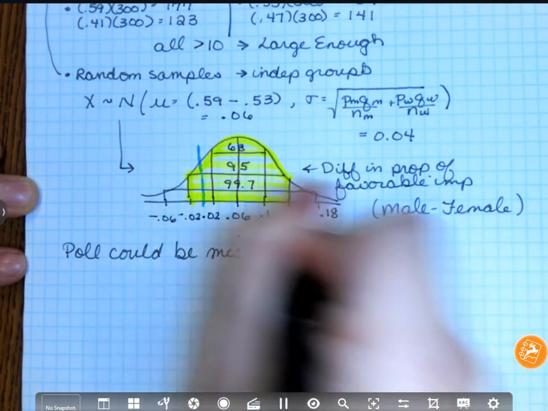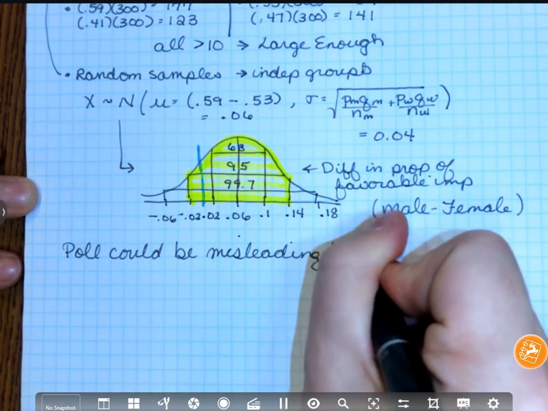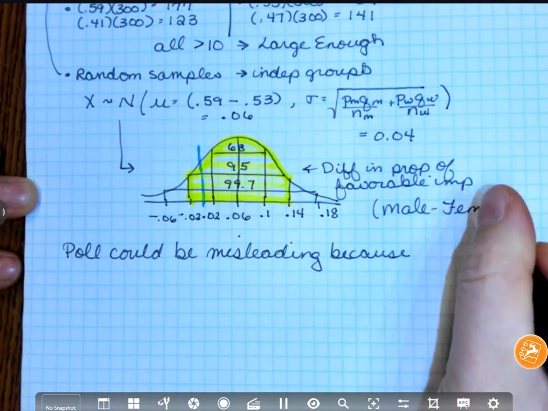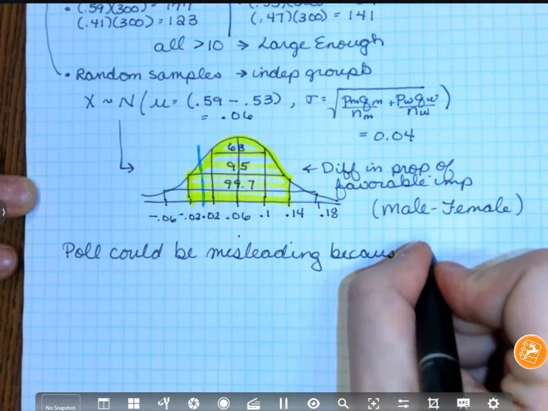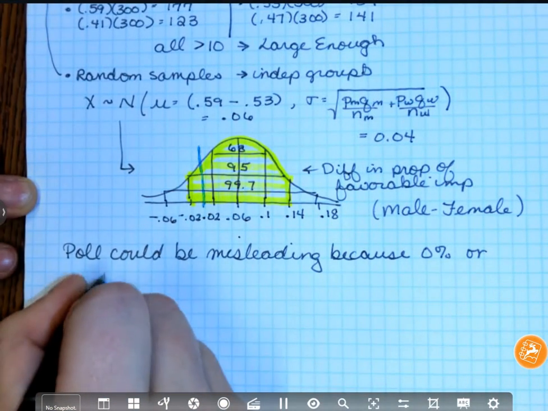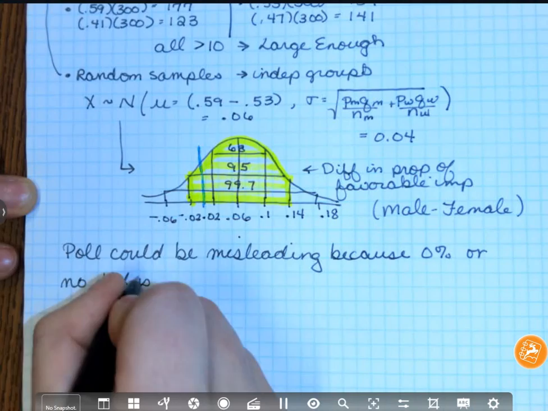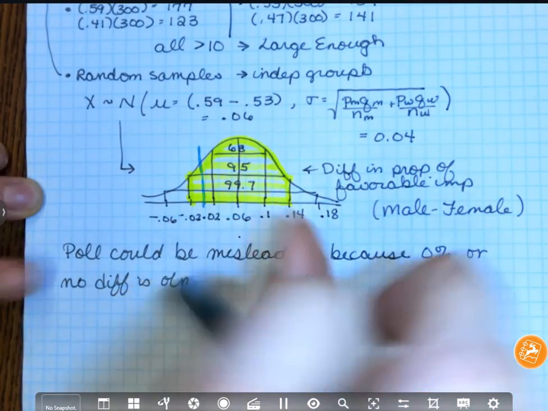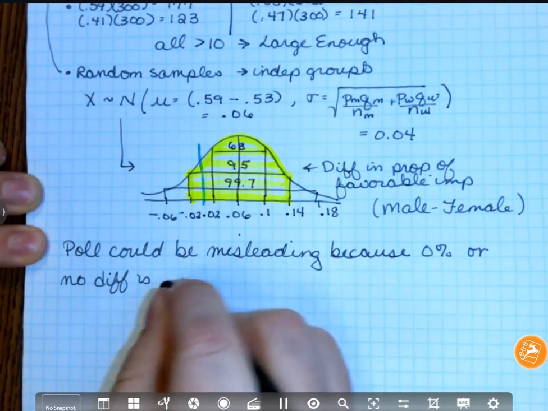Because, if I were to guesstimate that, actually not a guesstimate, it's perfectly, I would say 0% or no difference is now spelled O-L-N-Y.